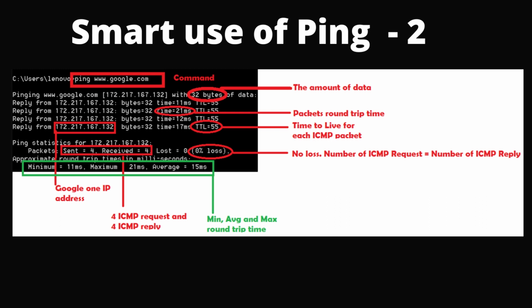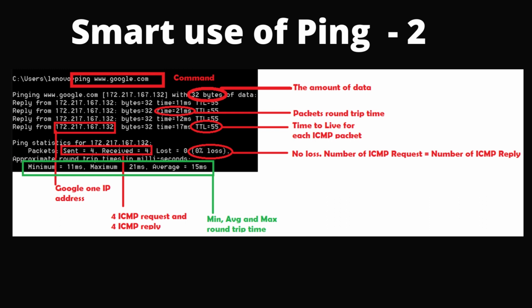Second thing, the bytes. Here it is showing bytes 32. It means we are sending traffic with 32 bytes of data with each ping packet, which we can modify, adding more and more bytes to the data. That is a part of troubleshooting, an advanced tool mechanism, where we can use that.